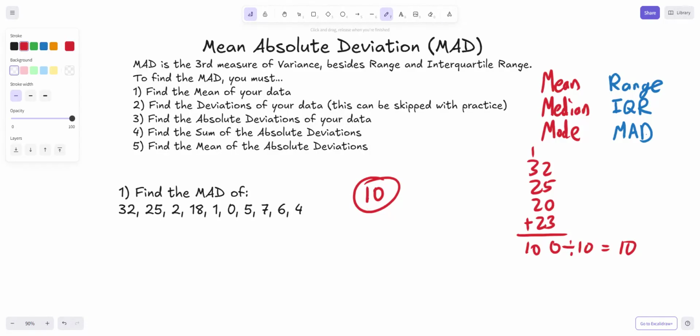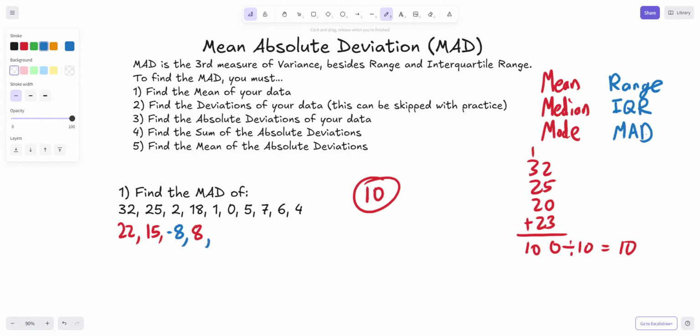So 32 has a deviation of 22 because it's 22 units higher than the mean of 10. 25 has a deviation of 15. 2 has a deviation of -8 because it's 8 smaller than 10. 18 has a deviation of +8 because it's 8 bigger than 10.